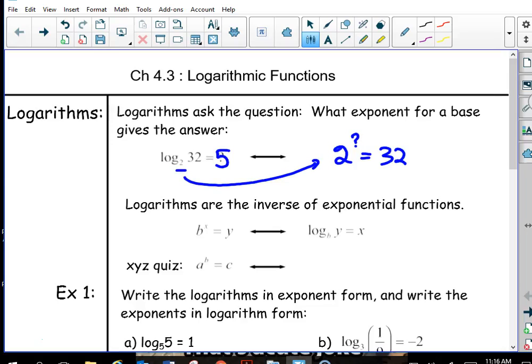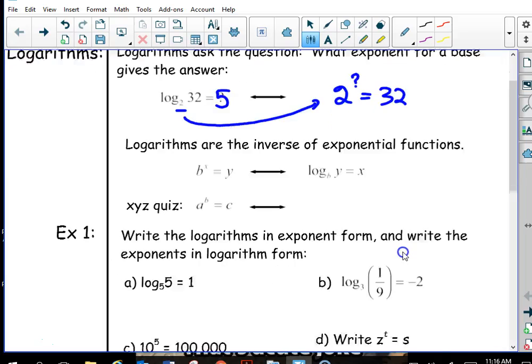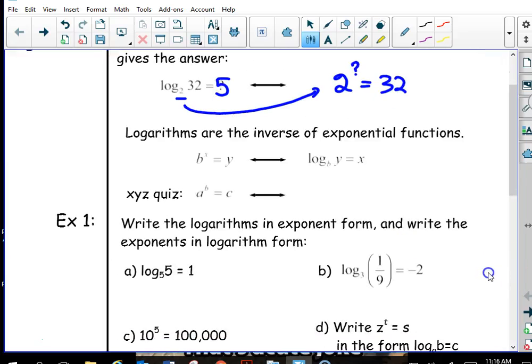Logarithms are the inverse of exponential functions. You can write an exponential function as a logarithm and vice versa. This is done by position. The nice thing is that b is the base in both the logarithm and the exponent, and b is written lower and smaller in the logarithm.